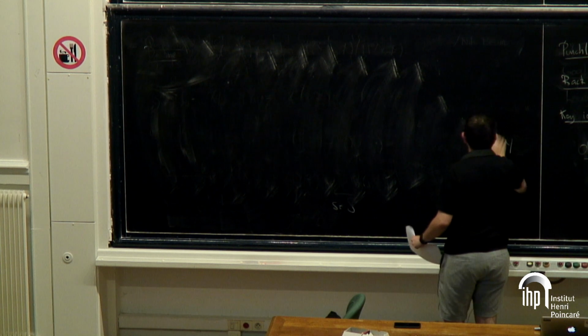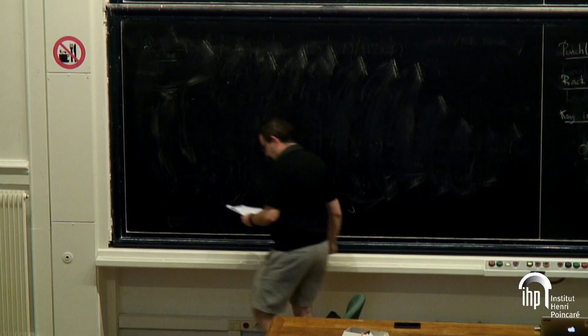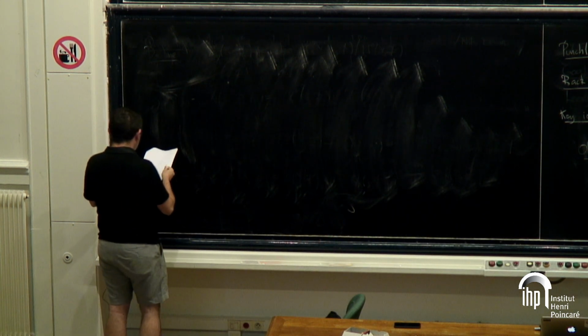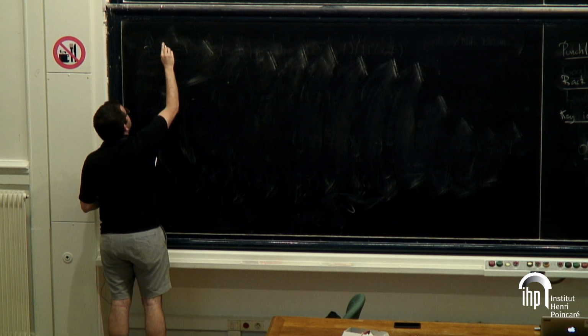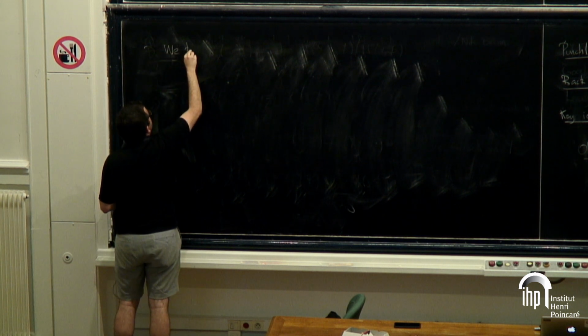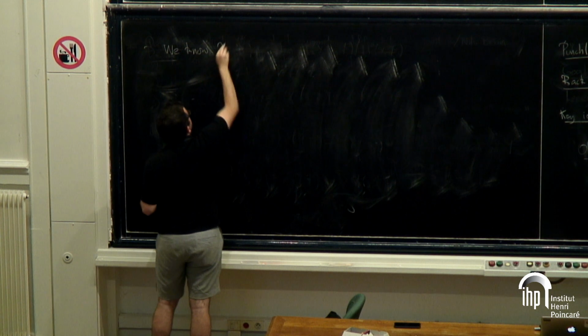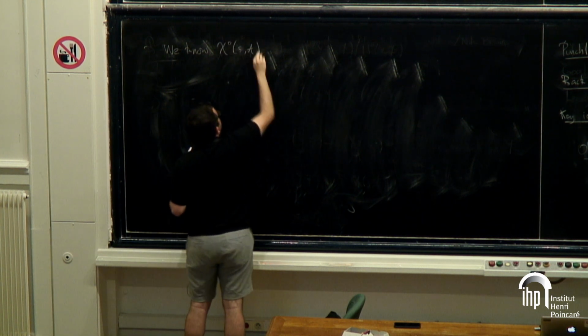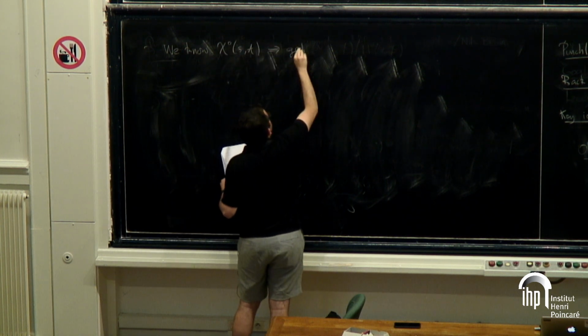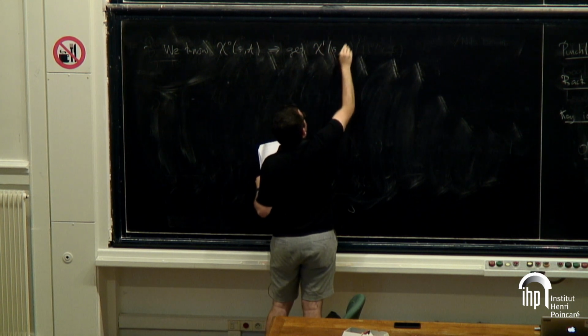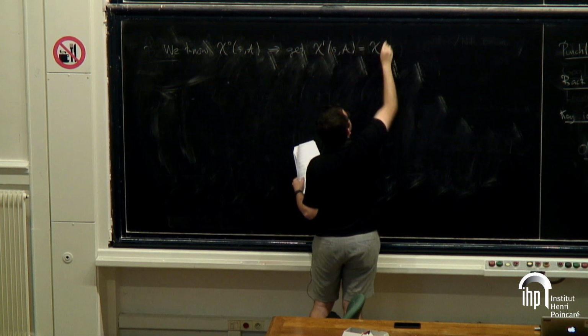So let me just write that very quickly. Therefore, we know chi0 of SA, which means that we get chi1 of SA by taking the difference.